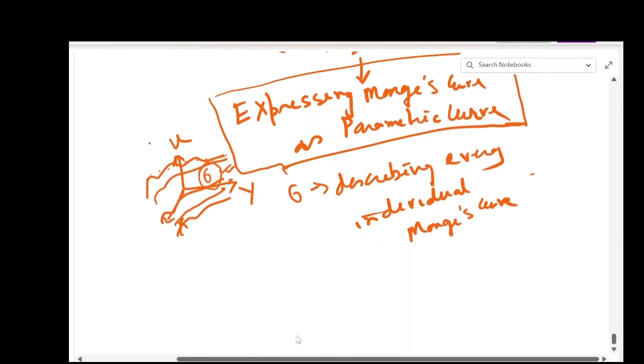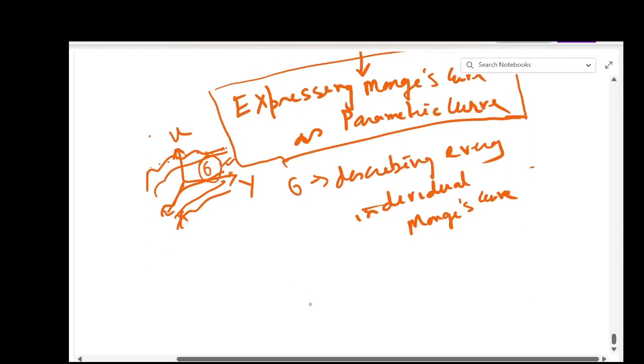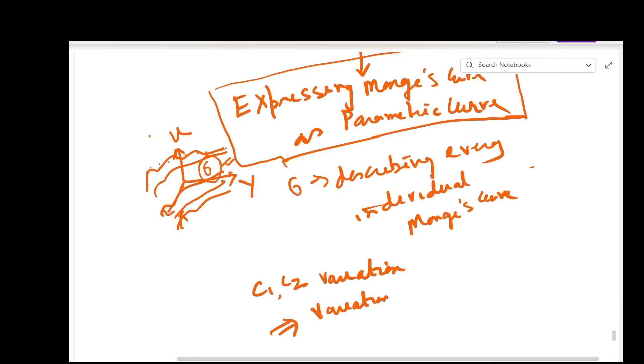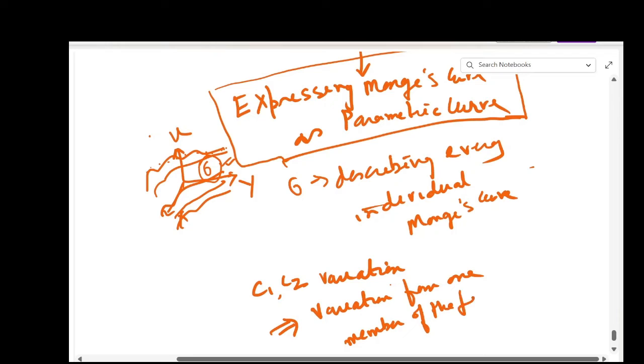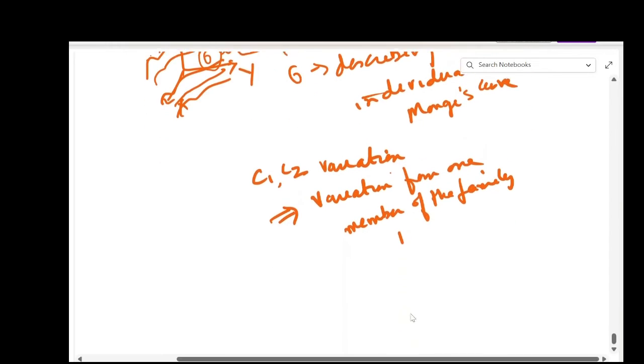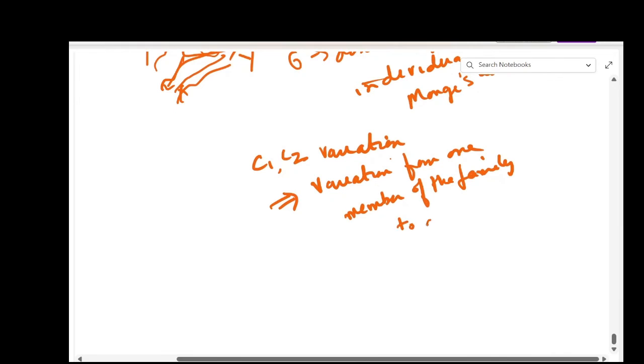But the variation of c1, c2 implies change or variation from one member of the family to another member.